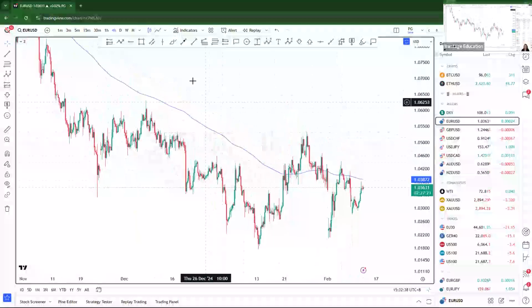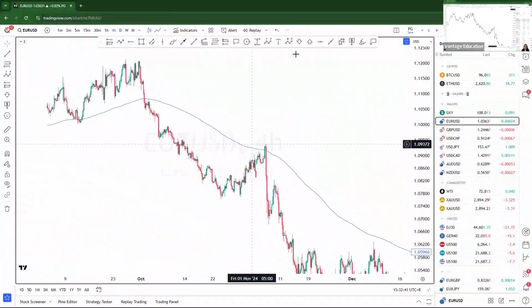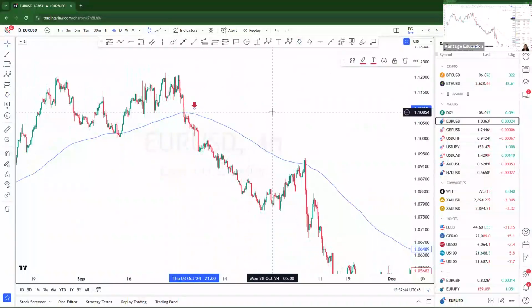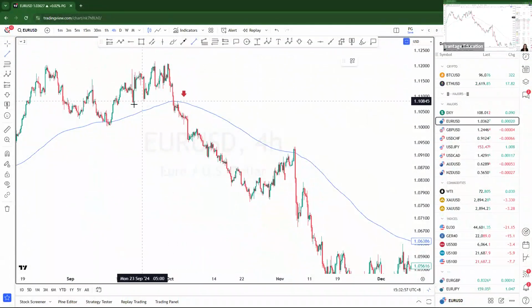Okay. Let's say EURUSD, whenever price breaks below EMA 200, you just keep selling. You just find the selling entry, for example. And of course, once price breaks below EMA 200, now it acts as the resistance level, right?